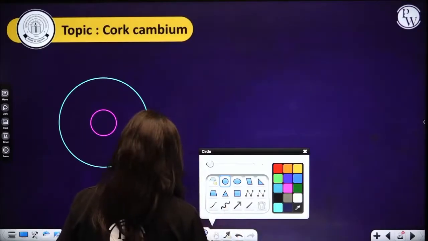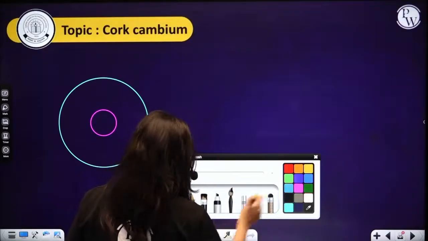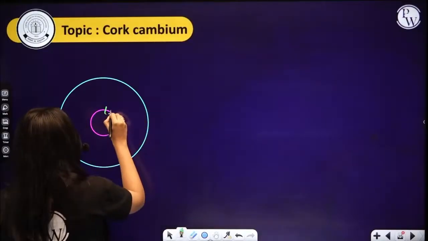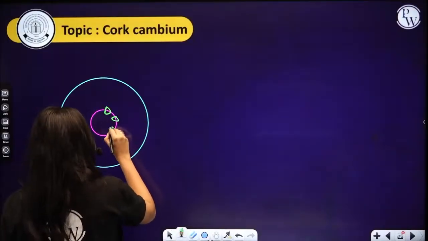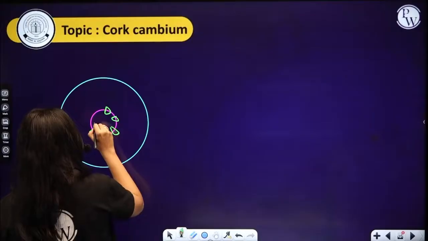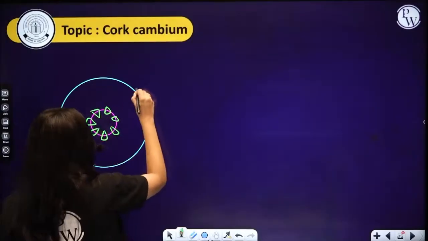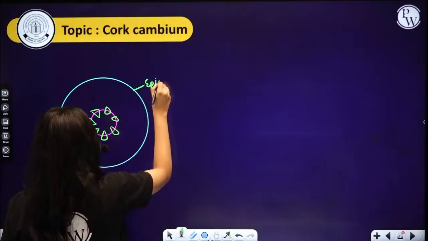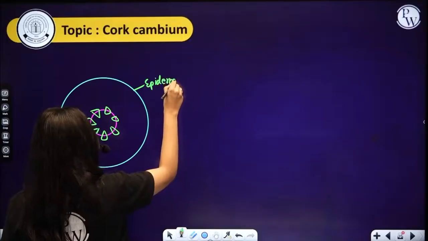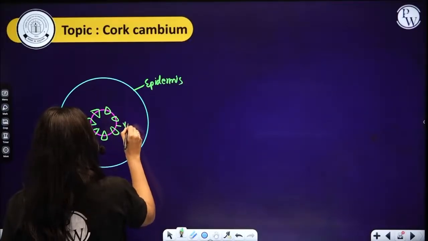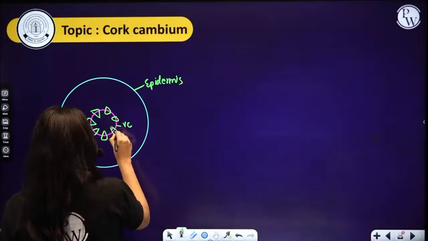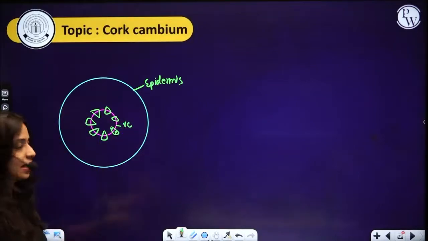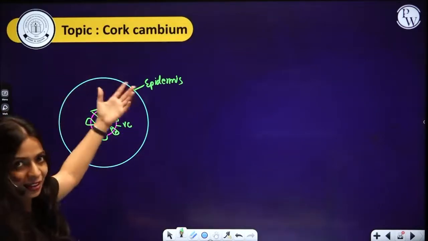Okay, so you have vascular bundles here. I'm only drawing what is relevant to us right now. So if you think this is the epidermis, this is the vascular cambium, this is xylem and phloem. Vascular cambium is undergoing cell division, producing secondary xylem and secondary phloem.